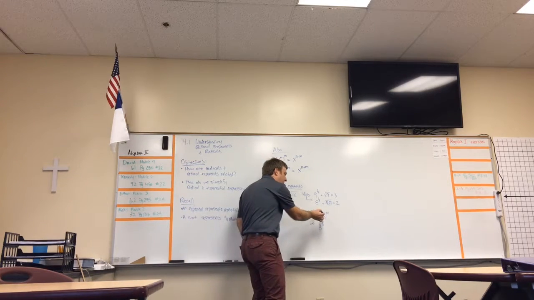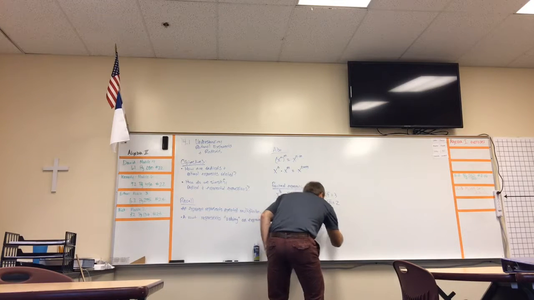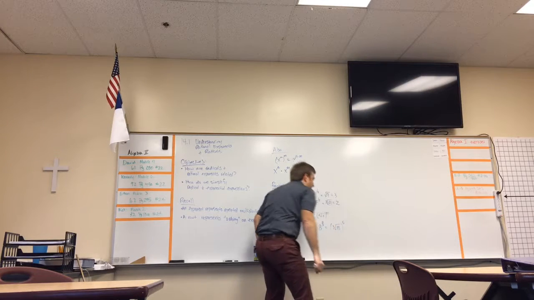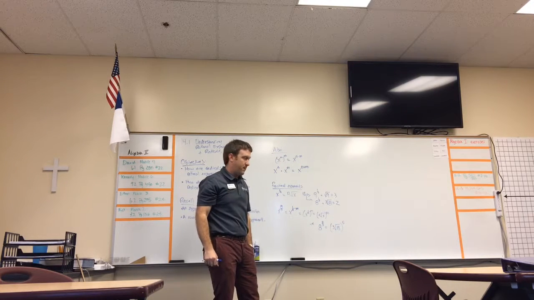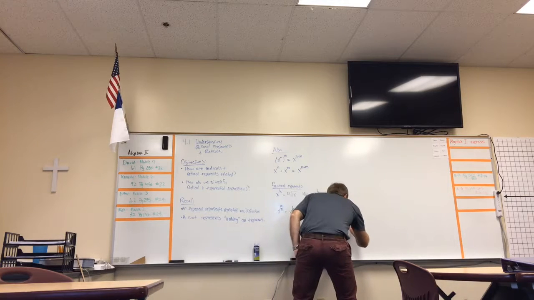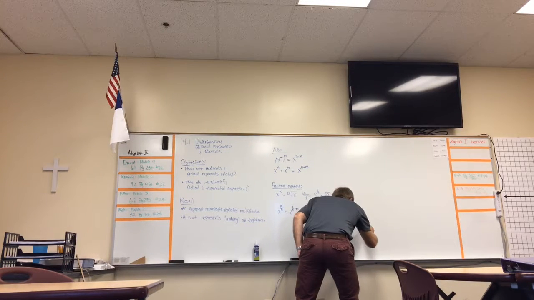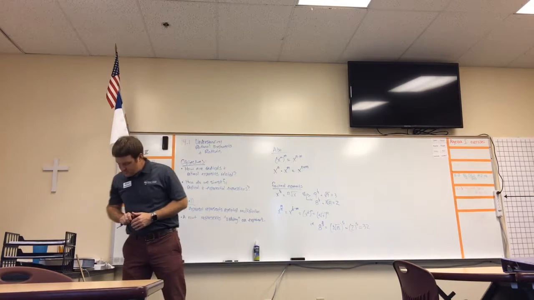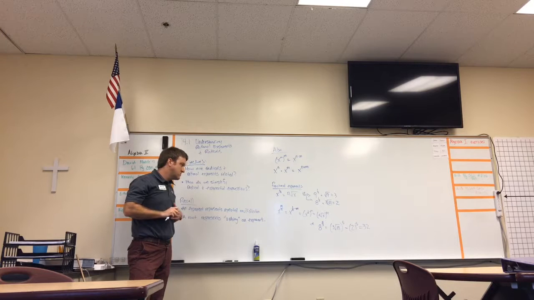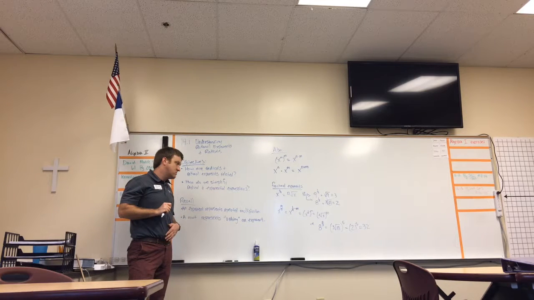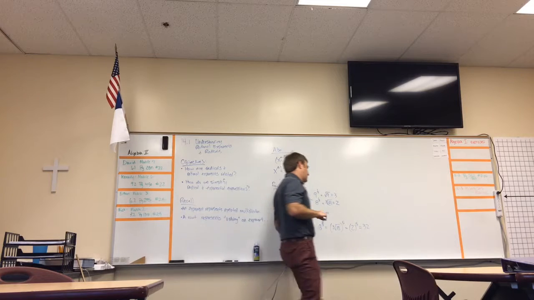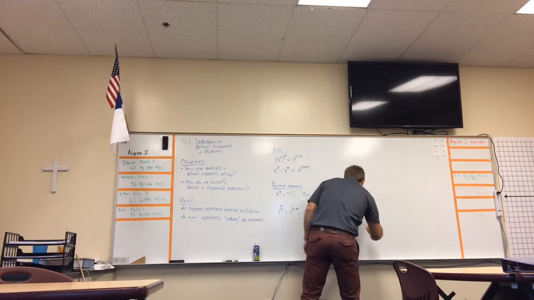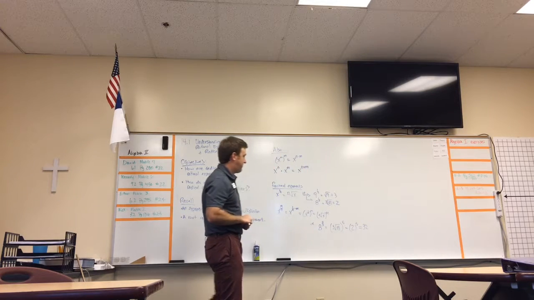Well, I could write it this way: equals the cube root of 8 to the 5th, which equals 2 to the 5th, which equals 32. That's right, 32. I had it memorized and I doubted myself.